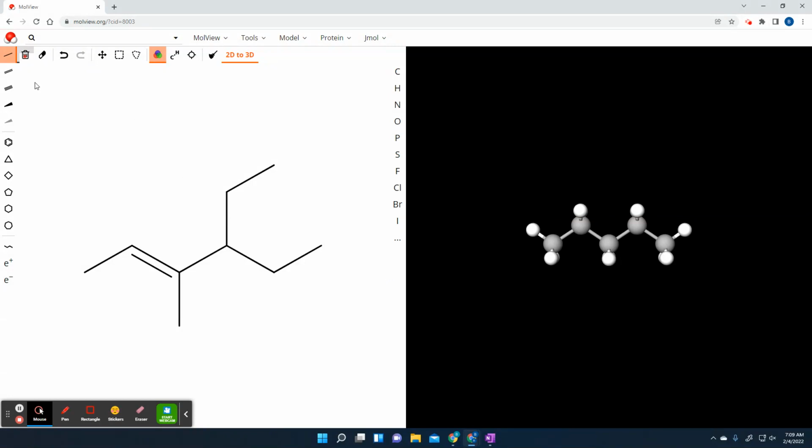Longest chain. Always identify the longest chain first. We see this double bond, so I want to start numbering from this end. So I'm going to start my numbering here. We have 1, 2, 3, 4, and now I could branch one of 2 ways. It looks like they're the same length, so it doesn't really matter. We got 5 and we got 6.